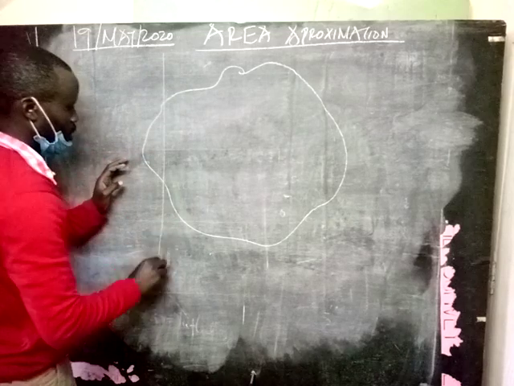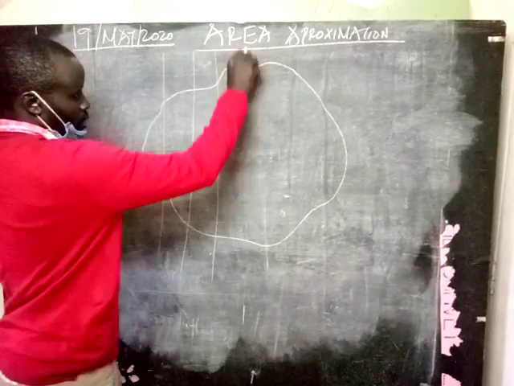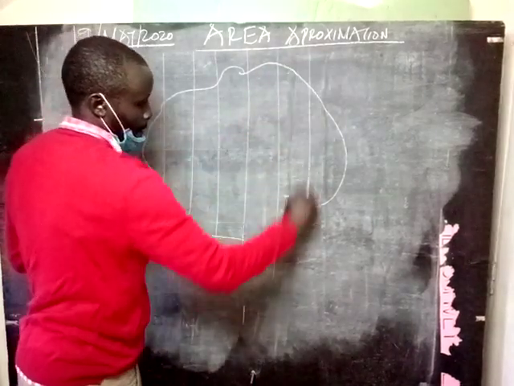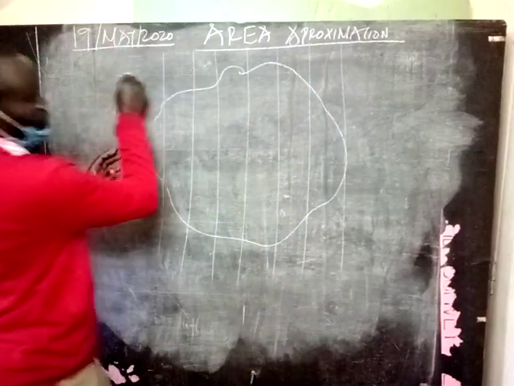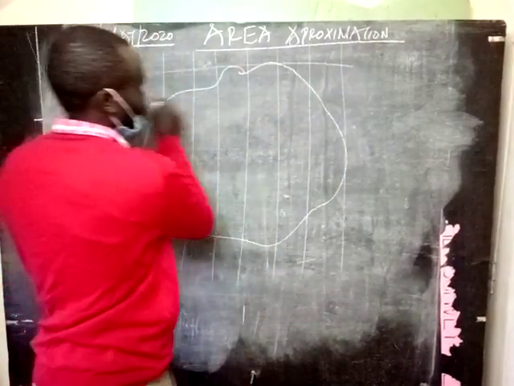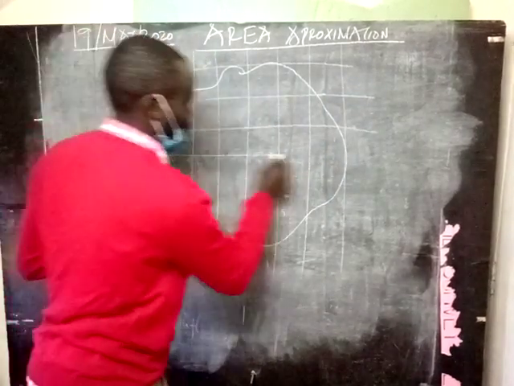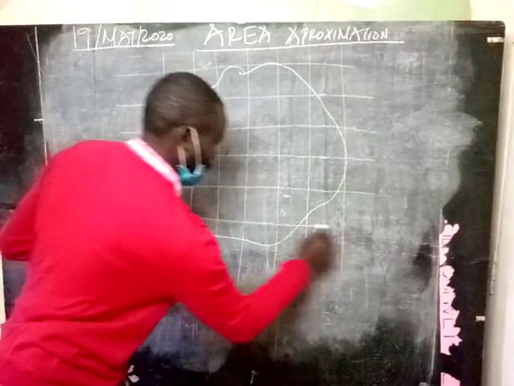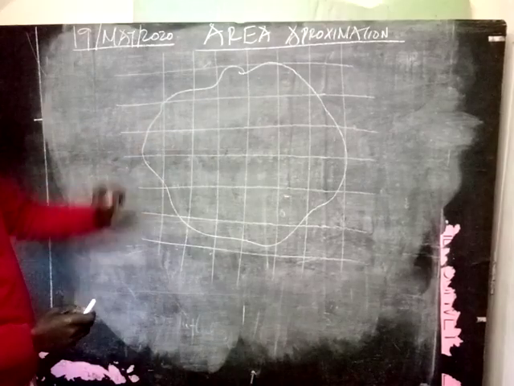We have our grid in that manner. Then we have another one here. So that is our grid of 1 centimeter.